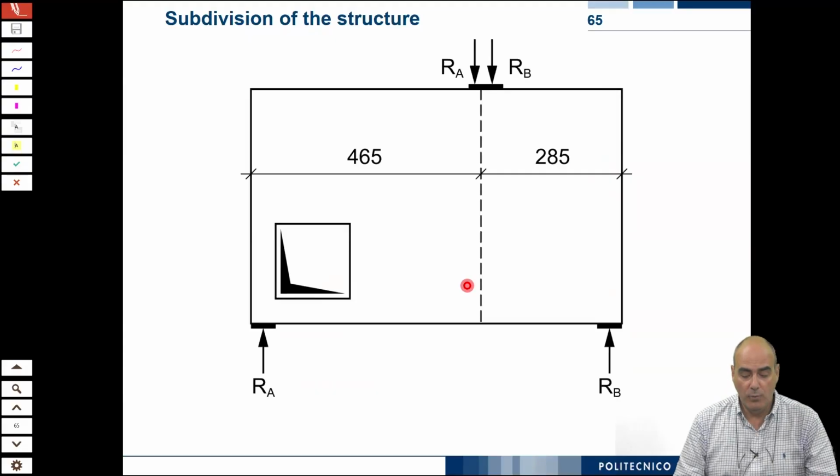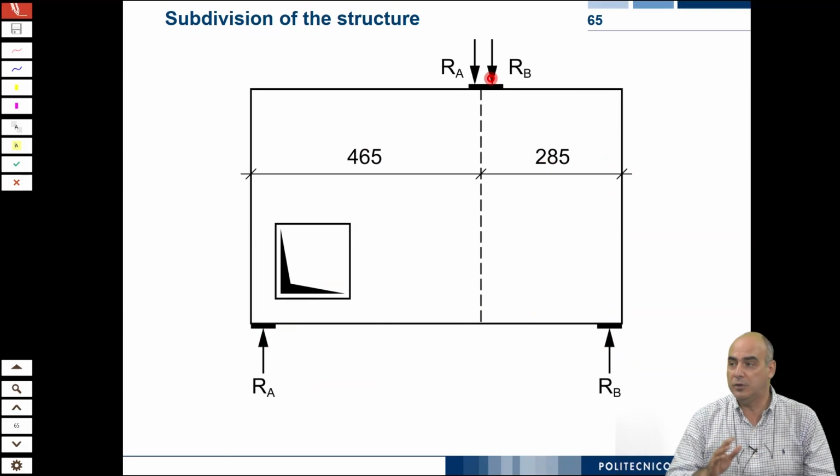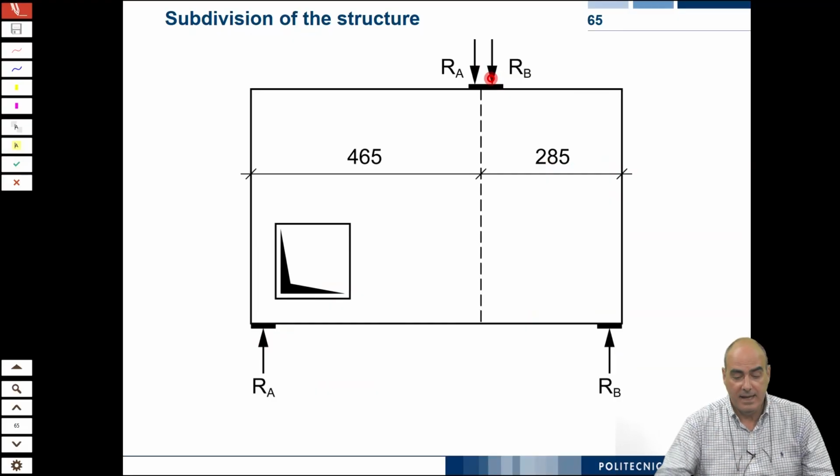But now we have calculated how much RA and RB are. So let us divide our total force into two parts, RA and RB. And you remember this dimension here was 70 centimeters, whereas this was 4.5.